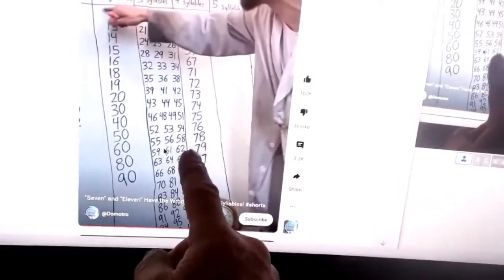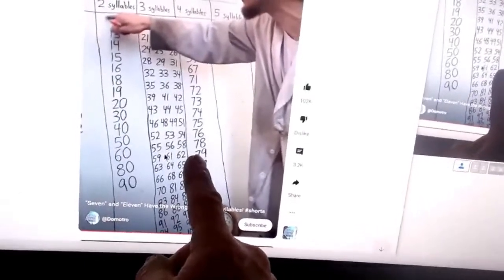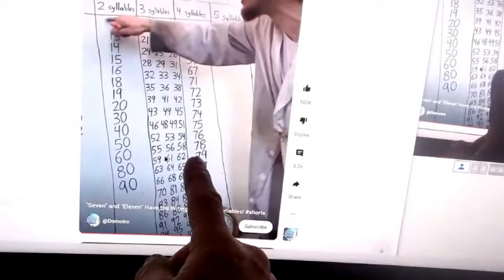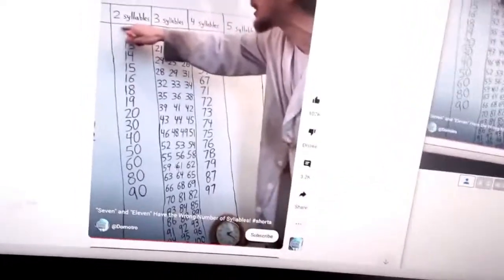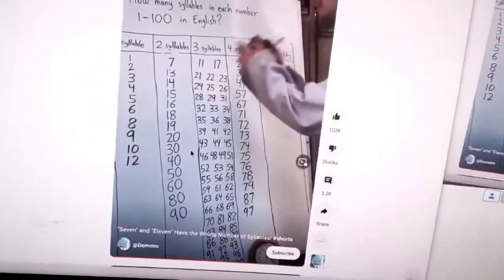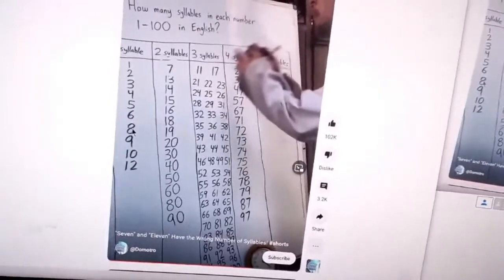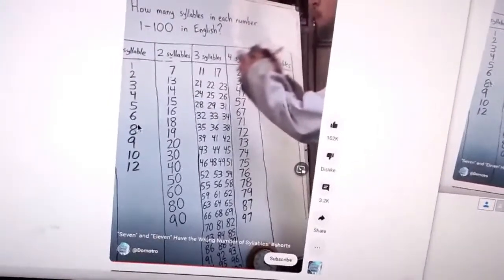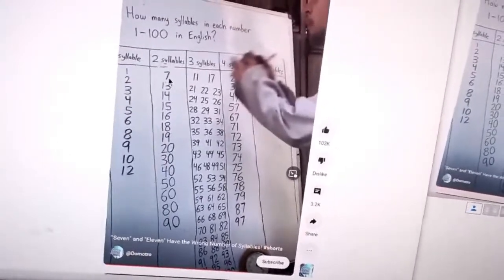79, 7, 7T. So it's not 7, it's 7T. I'm just trying to go back and see exactly what he said. Let's start this over. 1-syllable: 1, 2, 3, 4, 5, 6, 8, 9. 8 is 1 syllable. Now 7 is 2 syllables.